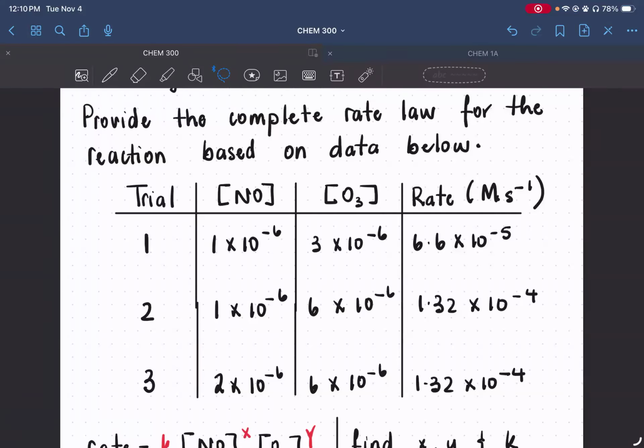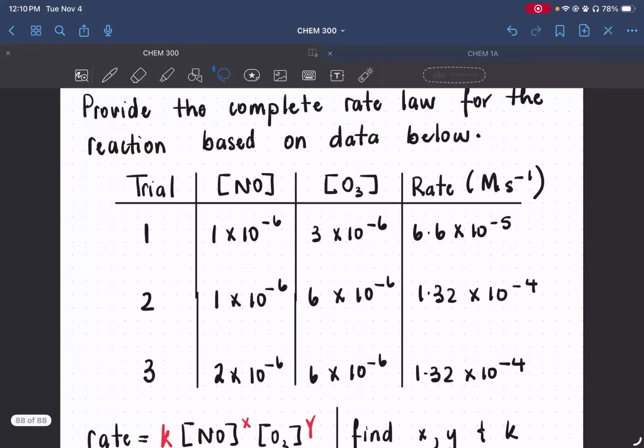Now, to determine the orders, there unfortunately isn't an explicit formula. In fact, it's a little bit more of a logical approach. The idea is if we want to find out how much NO affects the reaction, we need to look at two trials where NO changes, but the oxygen does not.